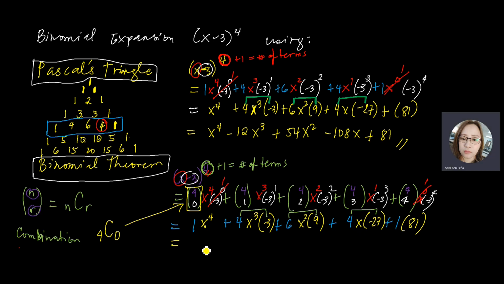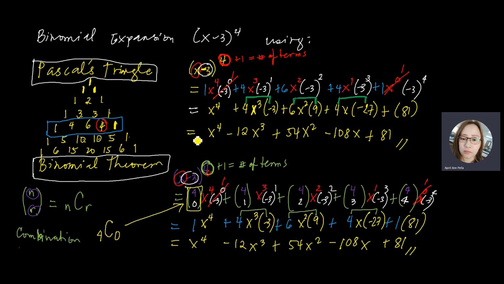So you're going to have the simplified: x to the fourth. 4 times negative 3 is negative 12, x cubed, plus 6 times 9 is 54, x squared. 4 times negative 27 is negative 108, x, plus 81.